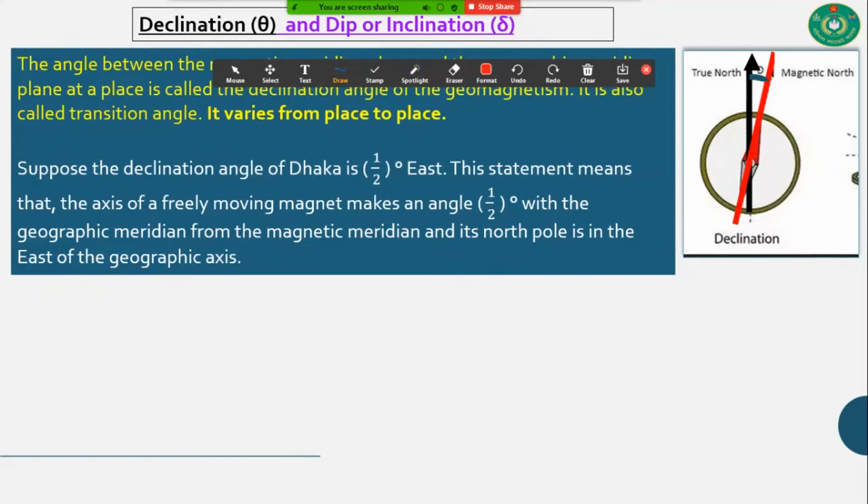Its north pole, that is the pole of this earth magnet, is hanging towards the east. It will be something like that. This is east, so this is our half degree, and it is towards the east of this geographical meridian.